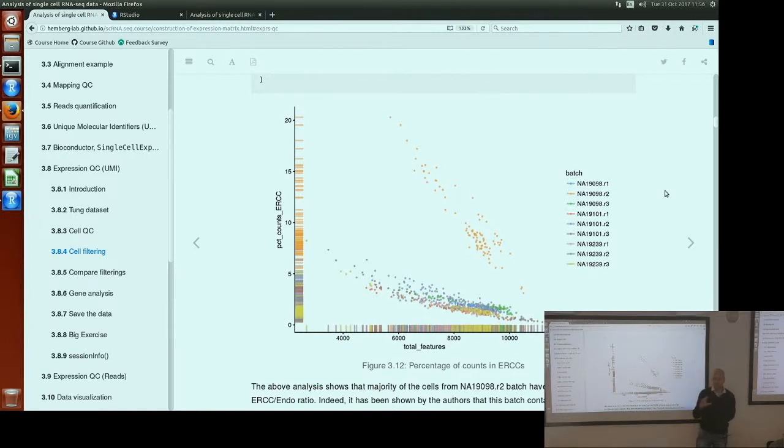So this means that, for example, this cell and this cell can have the same number of total counts, right? But in this cell, only 5% of these total counts belong to ERCCs, whereas in this cell, 15% of the total counts belong to ERCCs. And that's why we want to filter these cells out, all right? In the beginning, we don't look at the ERCCs, we look at the whole thing in general. Here we look specifically for ERCCs.